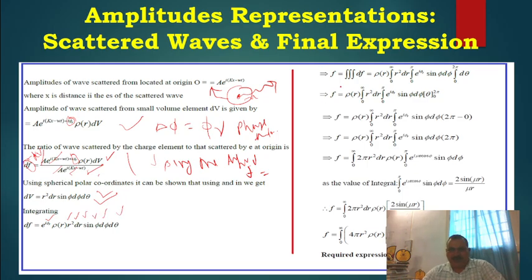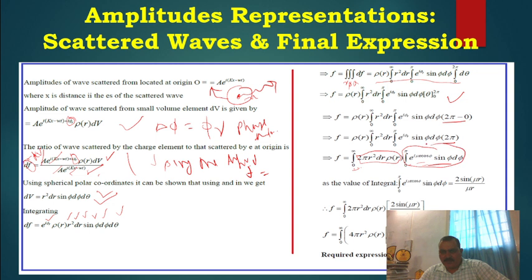On solving it, we have f equal to the integral, this for r, this for phi, this for theta. So on solving, the theta integral gives 2 pi, so now it is 2 pi r square dr, with the variables related to r in this range, and the integral of exponential iota mu r cos phi sin phi d phi.